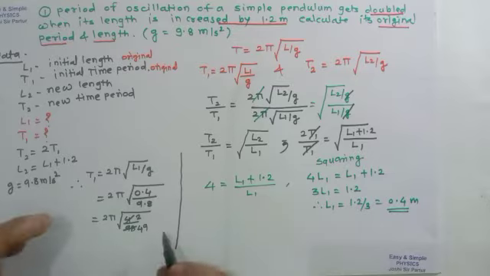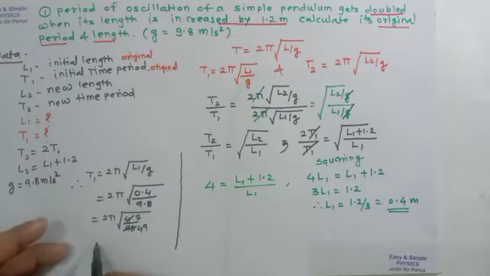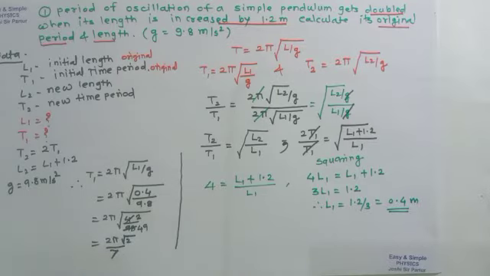We know that square root of 49 becomes 7. So 2 pi square root of 2 upon 7. Substituting the value and calculating using the log, it will be 2 pi multiplied by 1.414 divided by 7.